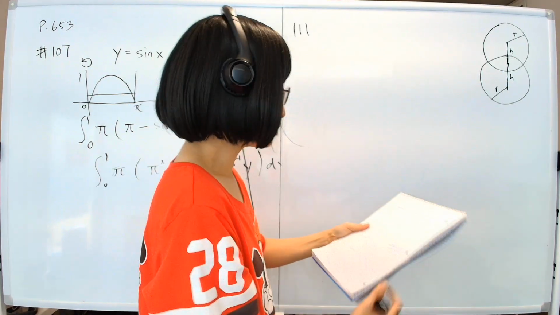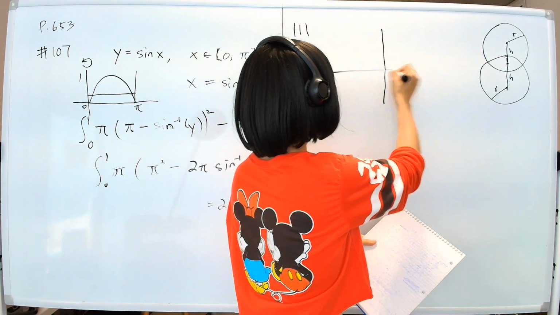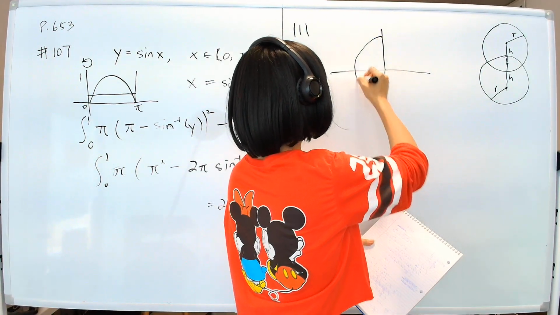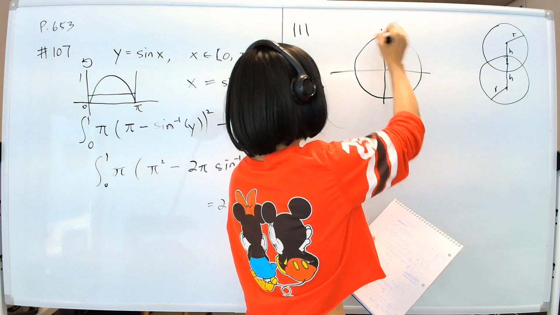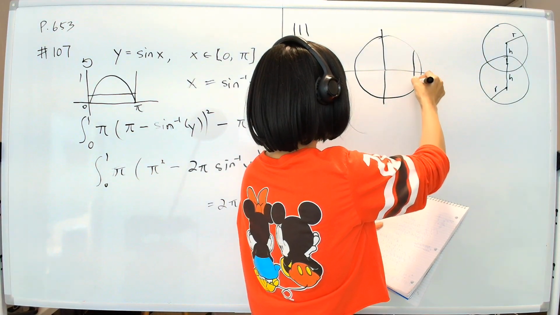Now to calculate the volume, let's draw a different graph where we only see one of the circles. Here is what we're spinning.